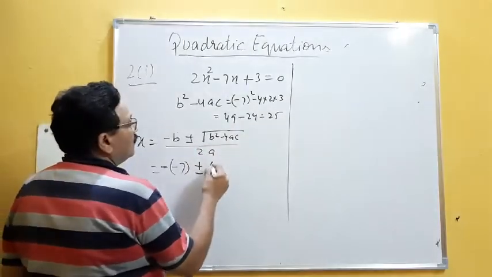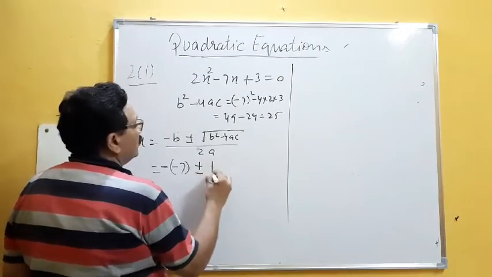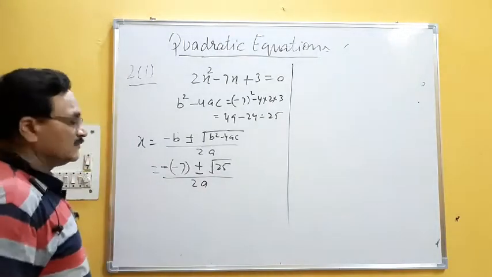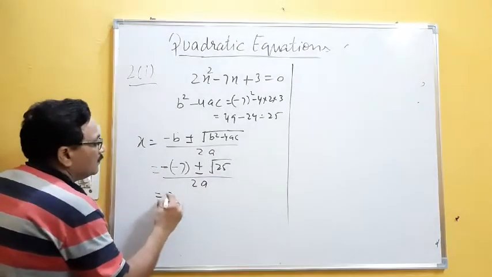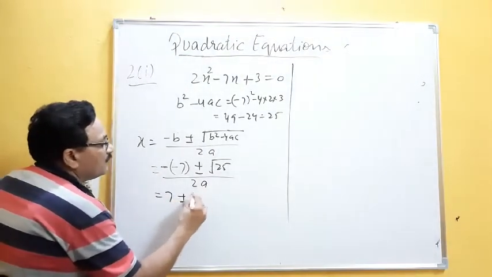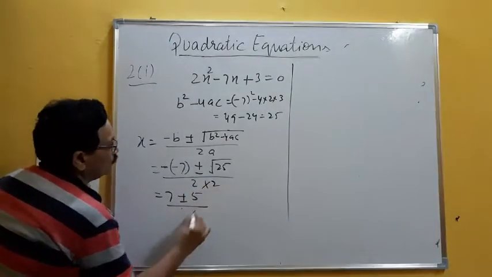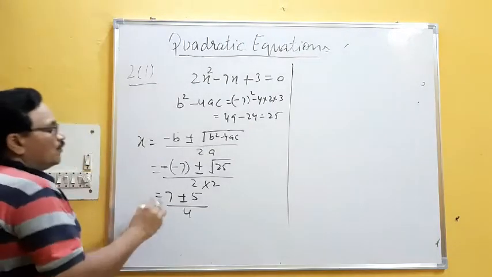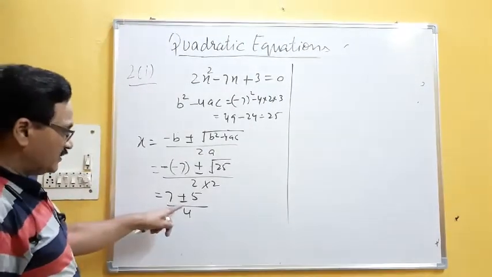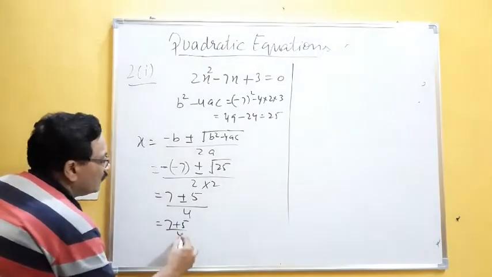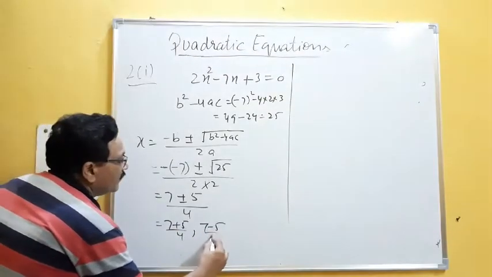Now you will get what? Okay, I am writing the complete one. 7 plus minus under root 25 upon 2a. So this is plus minus 5 upon 2 into a, which is 2, so 4. Once you have to write the plus sign and next the minus sign: 7 plus 5 upon 4, 7 minus 5 upon 4.